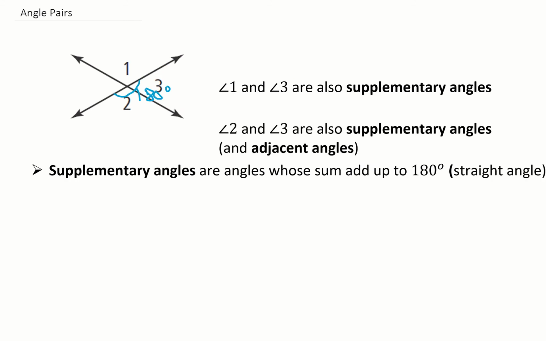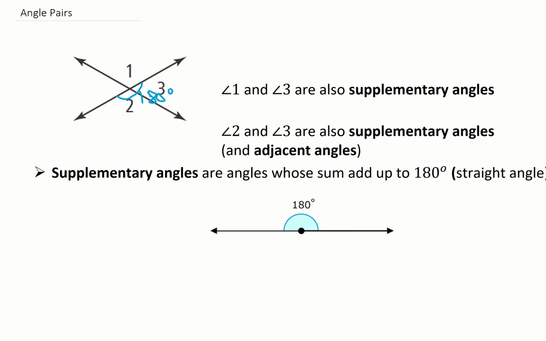Anything that forms a straight line, where you have two pieces going to a straight line, forms a 180 degree angle when put together. In this case, angle 2 and 3 are also supplementary angles, and they're also adjacent angles because they share that common side. I'll highlight it here. This is the common side that they share, and this is the common vertex that they share.